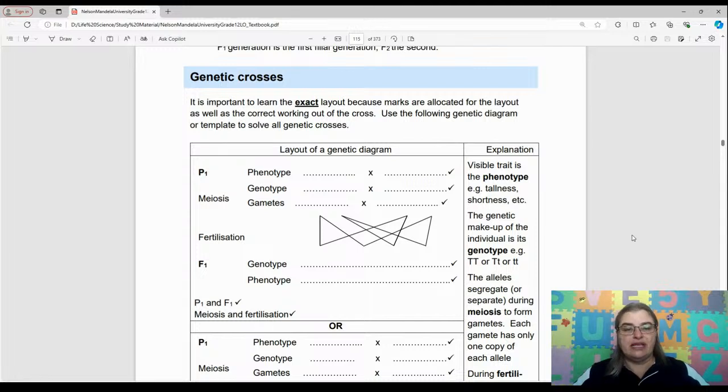If you have a look at the explanation, a visible trait, like I've said, is the phenotype, which is the tallness or the shortness, or in humans, it's hair color, eye color, skin color, whether you're male or female. Things as crazy as if you have what we call dangle earlobes, or sometimes people have an earlobe that just goes straight across.